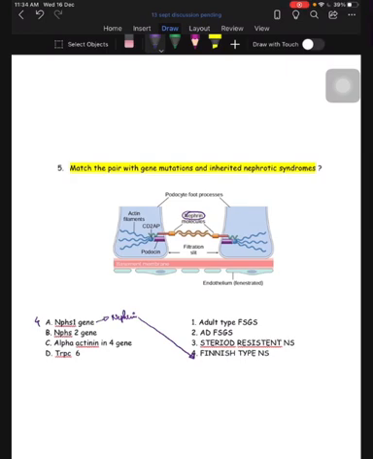The NPHS2 gene codes for podocin, which is seen in the diagram, and mutation of podocin leads to steroid-resistant nephrotic syndrome. Another extrapolation point is that the drug of choice for steroid-resistant nephrotic syndrome is cyclosporine.